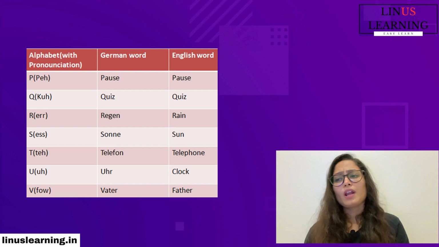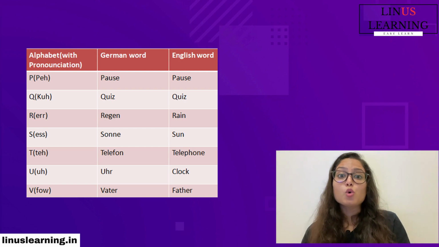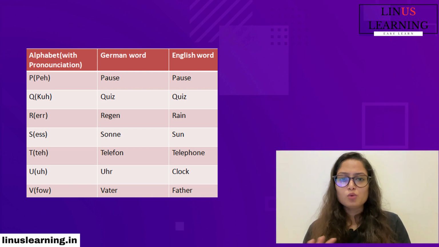Okay, now let's do the next four. Q in English we call it Q. So in German we call it Ku, like K-U-H. Ku is also the sound that a pigeon makes.